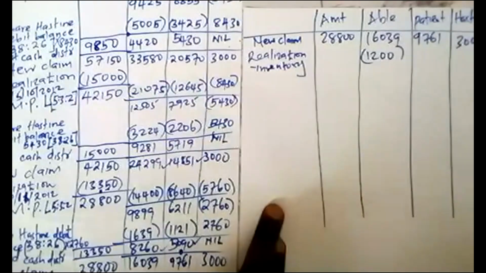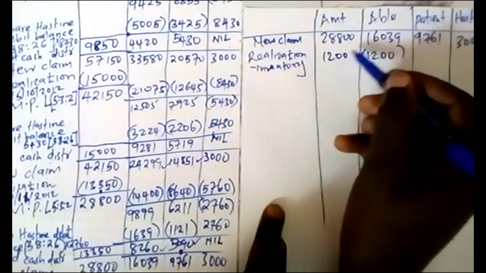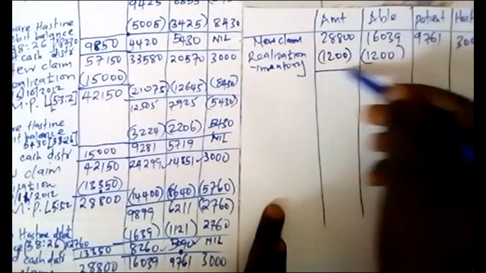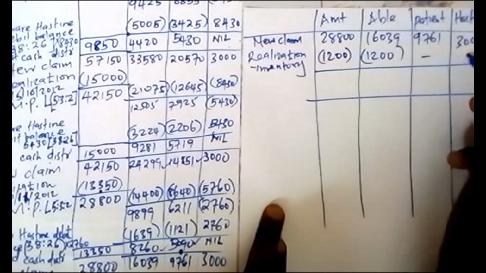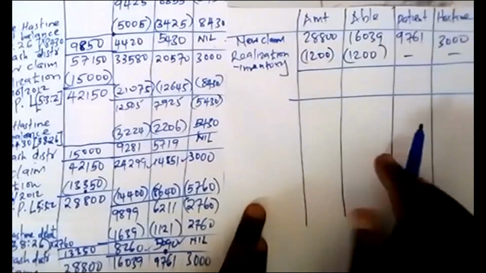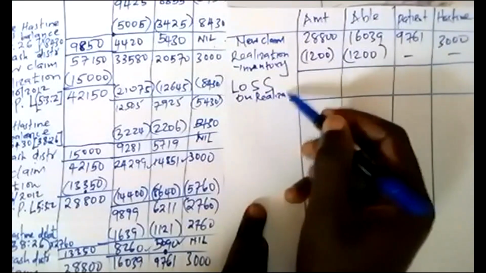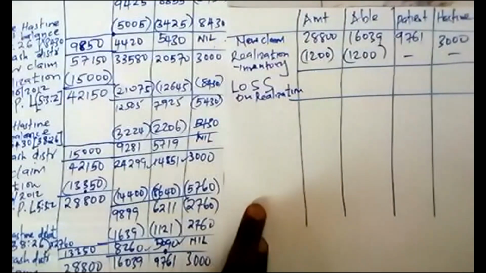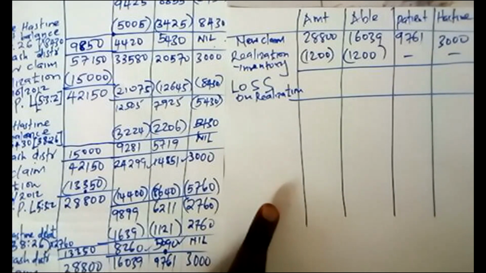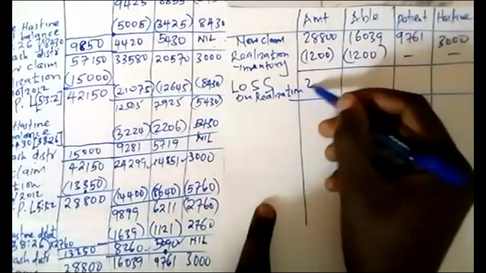So subtract the 1.2, and this one will be subtracted from Able and the total. So up to that point, this is the loss they made. Loss on realization, because now they never realized everything. So take 28,800 minus 1,200, that is 27,600.